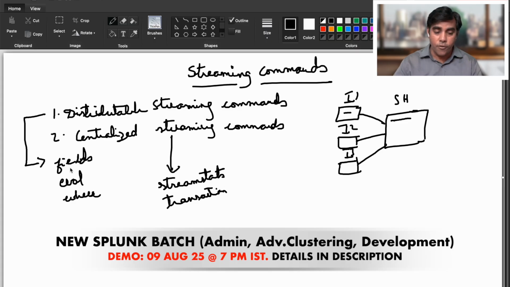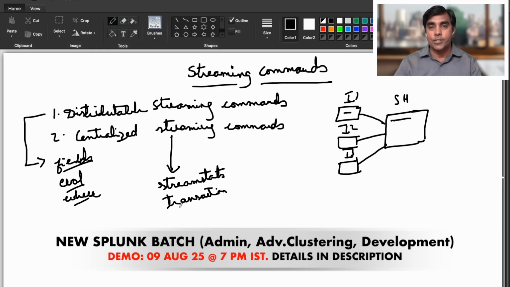Why? Because the fields command, eval command, where command, they can always use the particular data related to the particular index, and we can always get the results. But if you want to use streamstats, it has to use various functions, and also it has to group by. After the by clause we'll be using various fields as well. It has to group the data and get the results. So that's why we can always use it at the search head level.